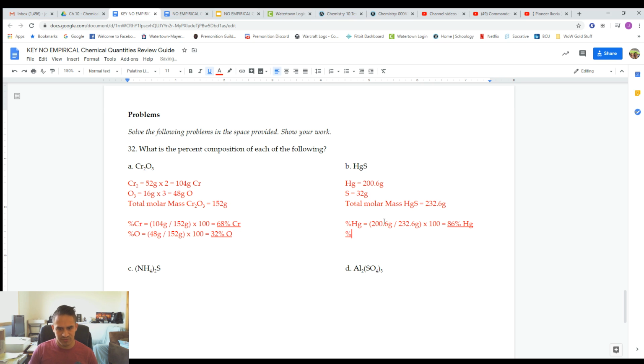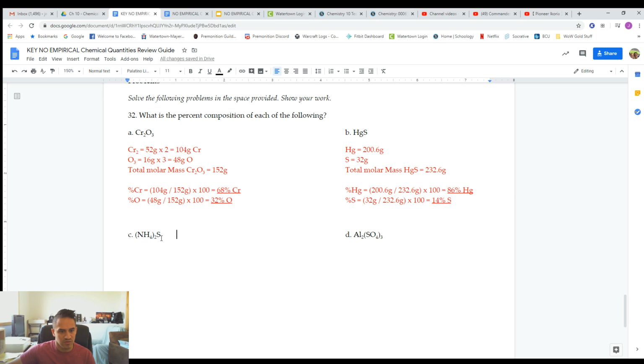And then for the sulfur in this case, we are going to take 32 grams, divide that by 232.6 grams, and then times that by 100 to get that percentage. So 32 divided by 232.6 times 100. Again, rounding to whole numbers, we'll get 14% for the sulfur.